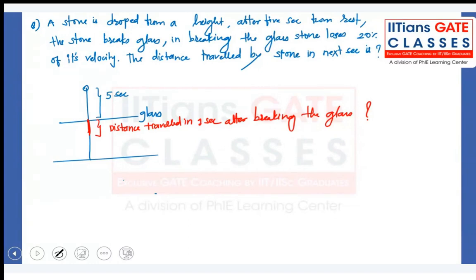Anyone? Anyone solve this question? Post your answer. 33.3?